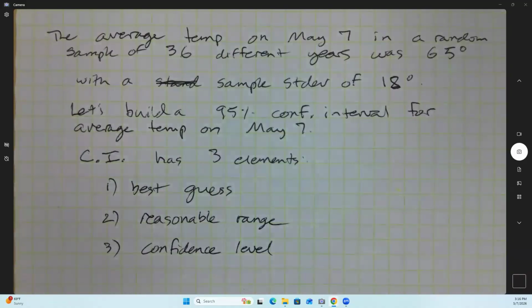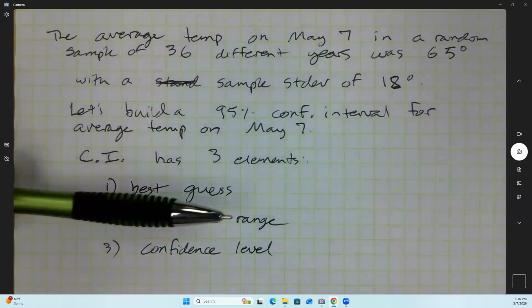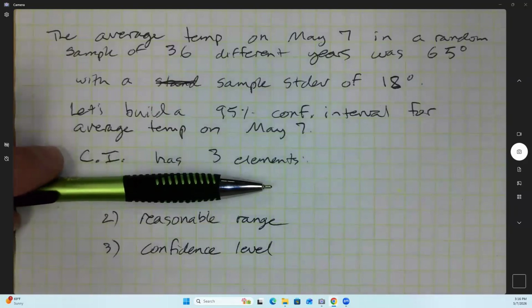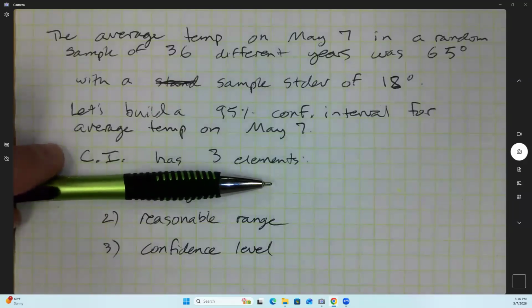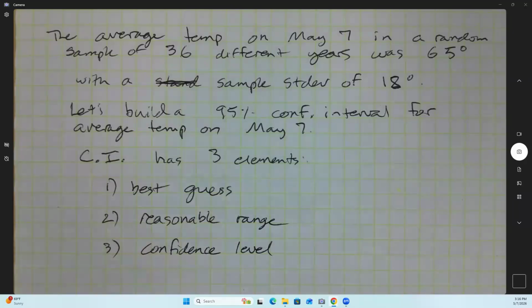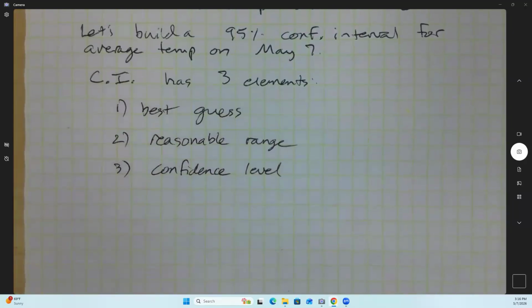How confident are you? So any confidence interval should have a best guess, because if you're not giving a best guess, you're not giving whoever needs that information as much as you could. A lot of times, confidence intervals ignore the best guess part and just do the range and the level. But I think it's helpful to have the best guess also.